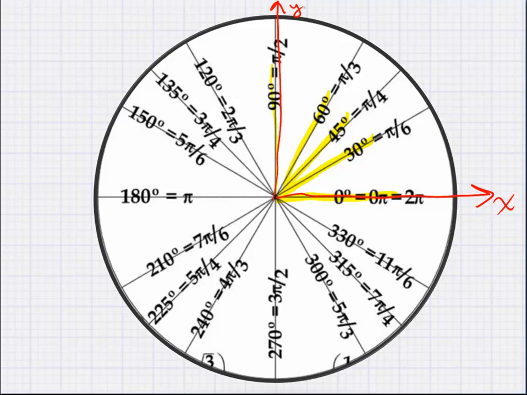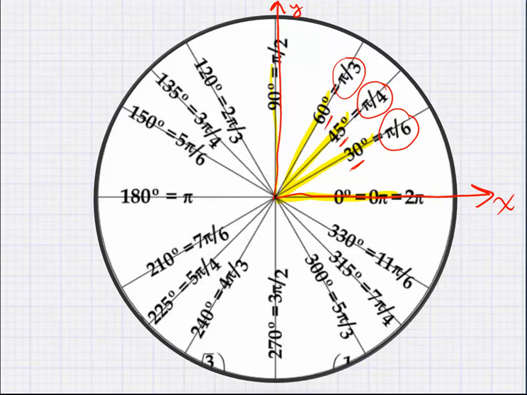But you also see what those corresponding angles are in radians as well. So you have pi sixth radians, pi fourths radians, pi thirds radians. And pi sixth is the same thing as 30 degrees, pi fourths radians is the same thing as 45 degrees, pi thirds, same as 60 degrees.